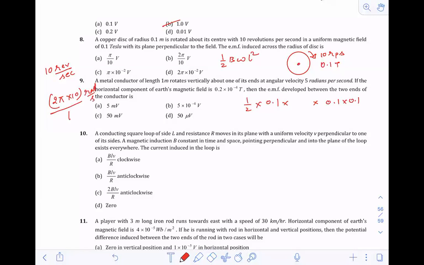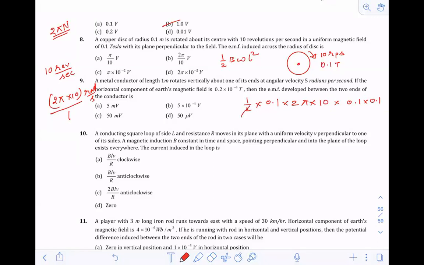So what is the value of omega? 2 pi n. So 2 pi into 10. Did you understand?